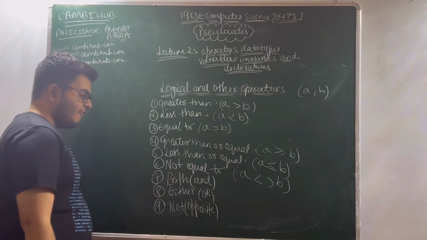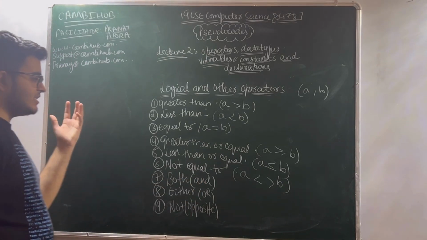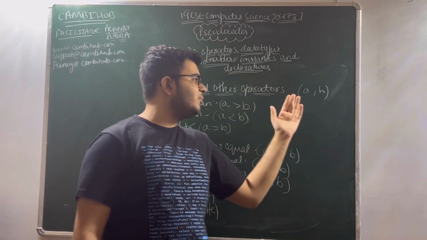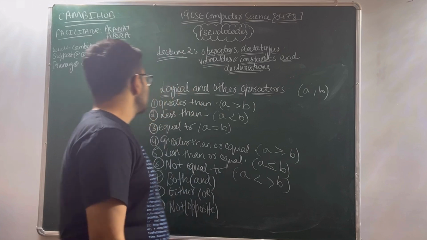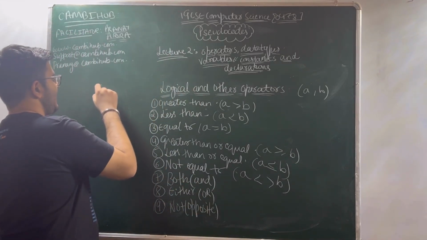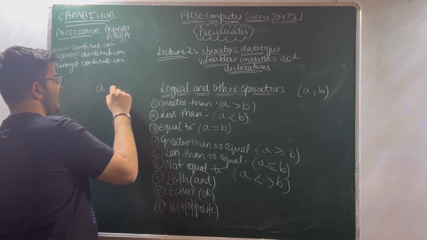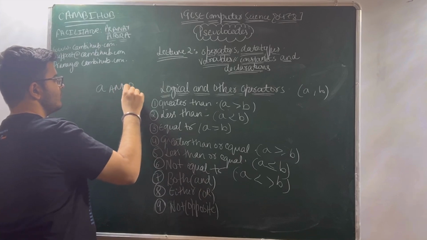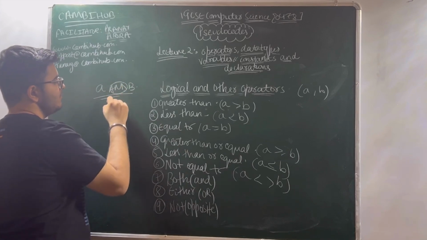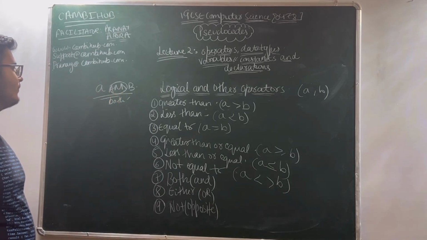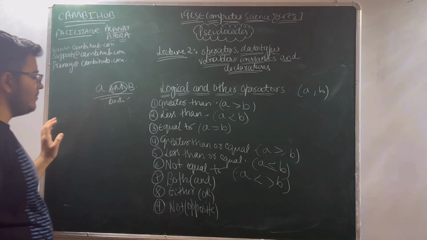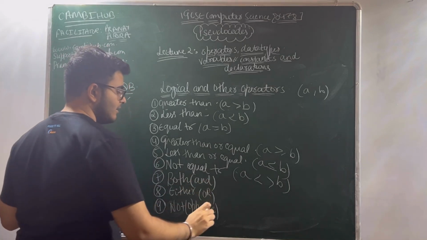Suppose I have a situation now where I have to choose between A and B. This AND symbol means both. So I have to take both A and B. If I have to take both A and B, I use this AND operator. So how would I write it?